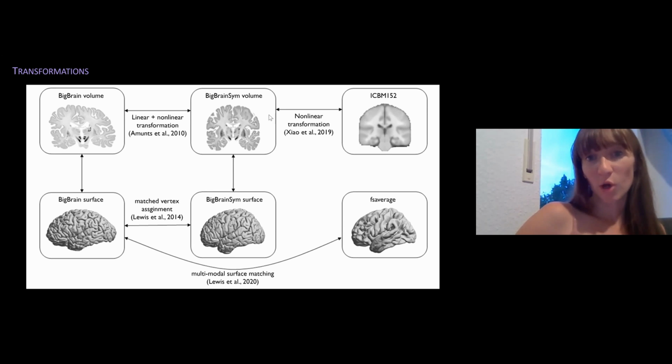And then also this optimized version by Zhao et al. for better registration to ICBM 152 in volumetric spaces, and really amazing work by Lindsay Lewis on surface-based registrations from BigBrain to FS average and FSLR as well. So the aim is to put all of these under the hood of BigBrain Warp, so we can keep updating these as the field progresses.